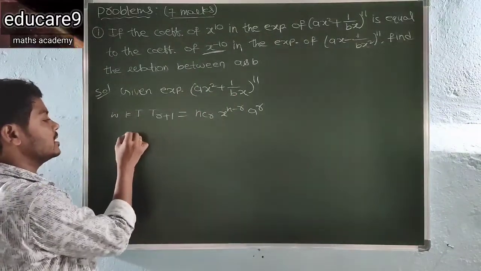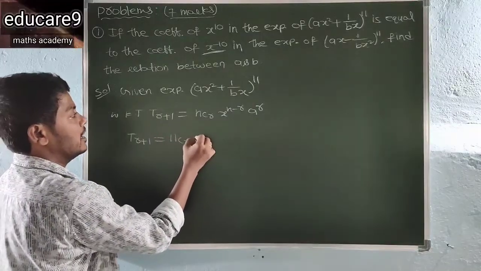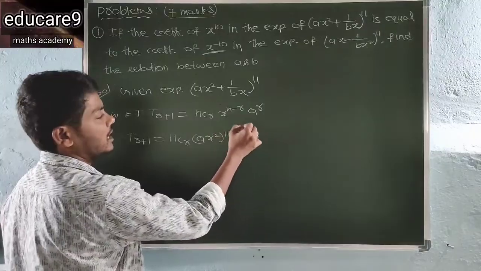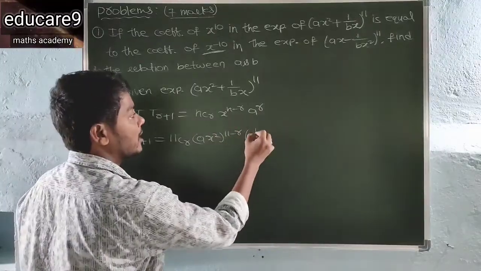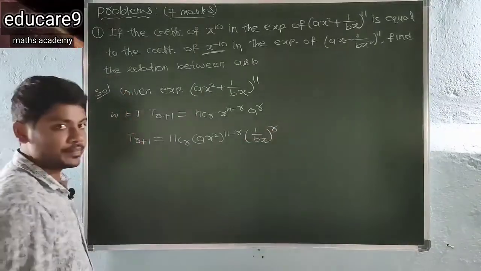So clear, T(r+1) = 11Cr (ax²)^(11−r) (1/(bx))^r.